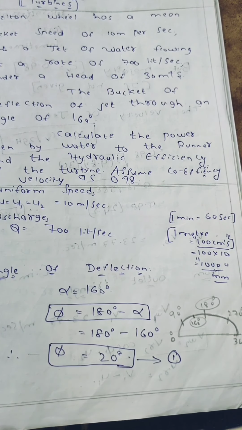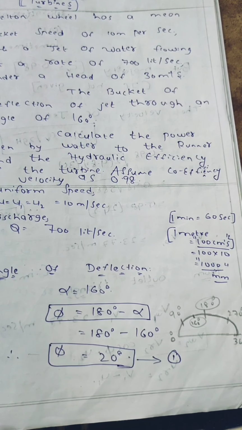Root of 2gH equals root of 588.6, which further equals 24.2. Multiplying 24.2 by 0.98 gives 23.77 meters per second. So this is V1, the velocity of the jet. From the outlet triangle, Vw1 equals V1, so Vw1 equals 23.77 as well.